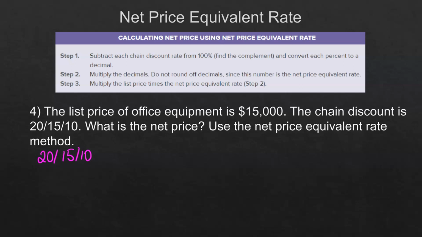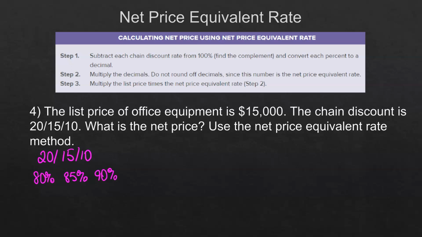And we're going to subtract each one of those from 100, write them in decimal form, and then multiply them, right? So that's going to give me 80%, 85%, and 90%. Be real careful here so you don't accidentally be off by 10. Even I've done that before.